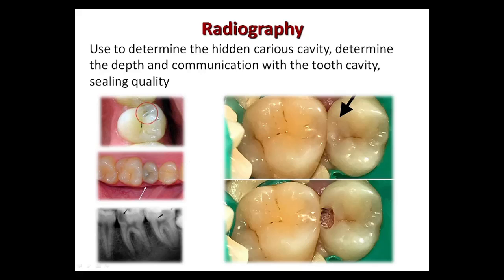For example, in this picture you can see just changes of color, not a caries cavity, and also here. And in the X-ray picture you can see changes which are a caries cavity. So this method, X-ray, helps us to determine the caries cavity and its depth.